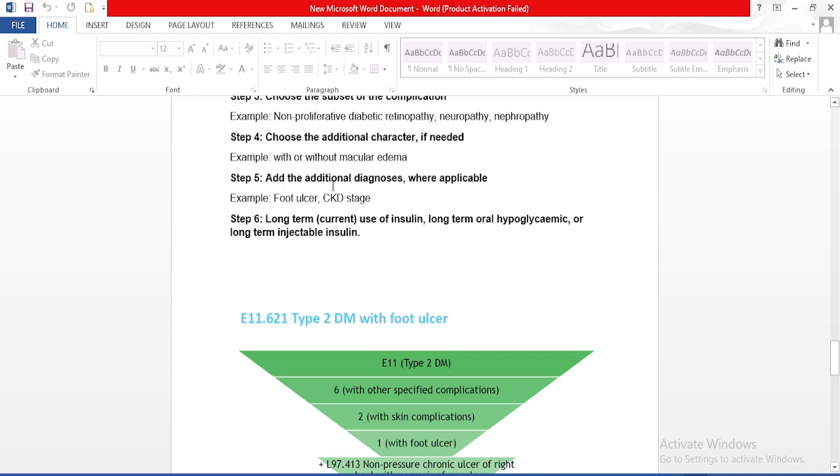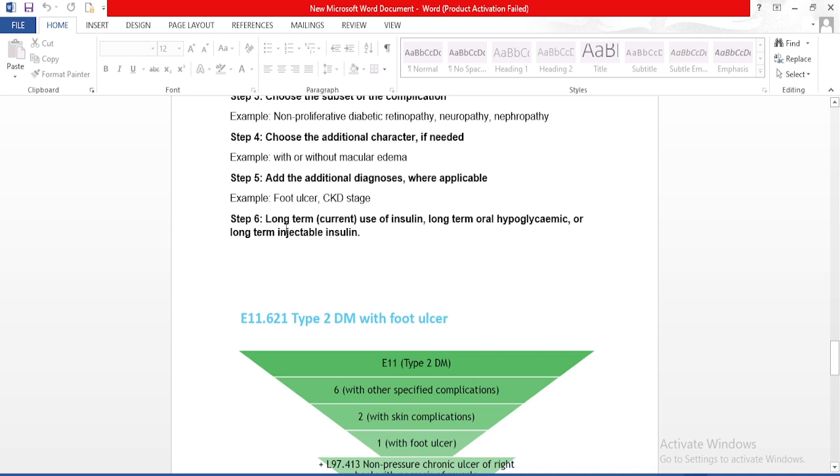Fifth step is to add the additional diagnosis where applicable. Like what are the other conditions? Foot ulcer, CKD stage. For example, if we code E11.22 diabetes with chronic kidney disease, we need to code the CKD stage also. These are the additional diagnoses we need to code. What is the sixth step?